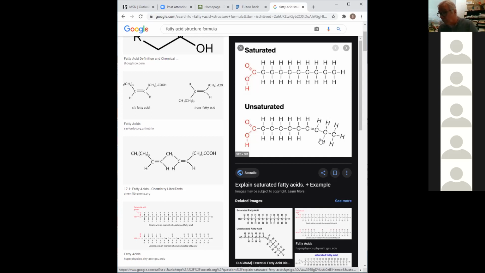And that's where all the plant oils come from. Olive oil, canola oil, corn oil, all these. Because plant fat is generally unsaturated. Animal fat is generally saturated, except for fish. Fish oil is unsaturated.